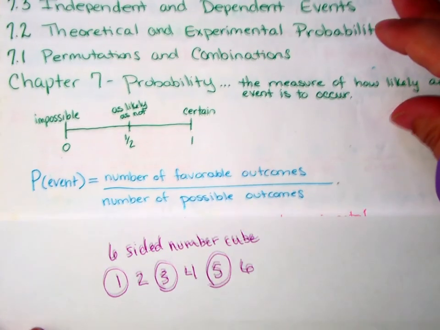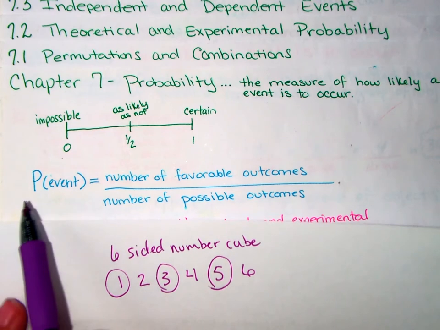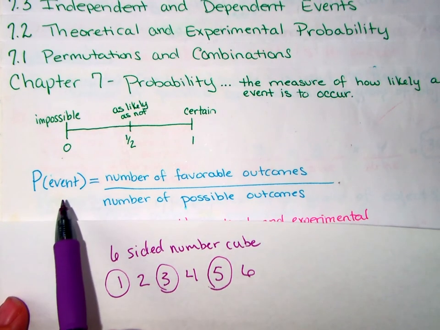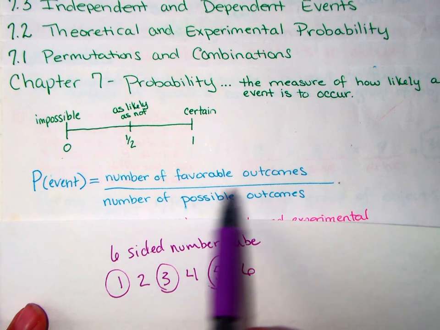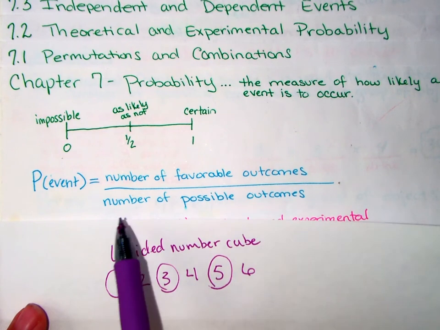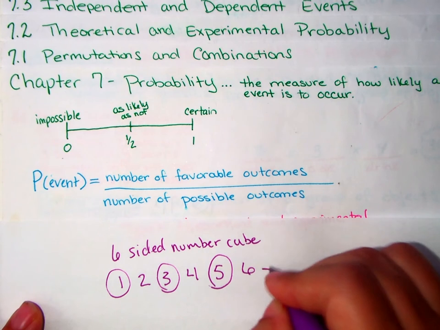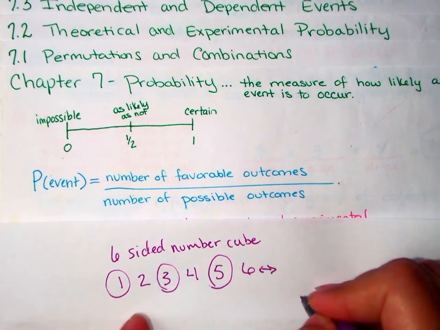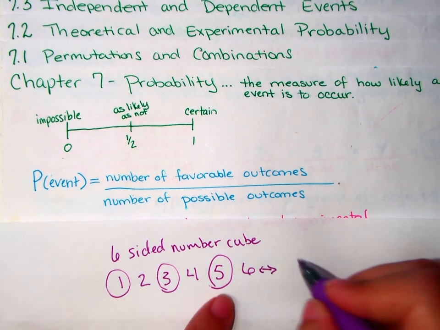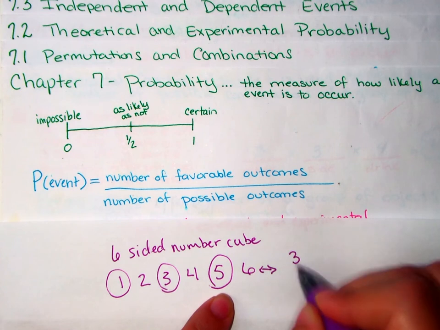We write our probability as the probability of an event happening, okay? And that is the number of favorable outcomes over the number of possible outcomes. So the example here for rolling an odd, I had 1, 2, 3. I had 3 odd. That's what I want to roll.